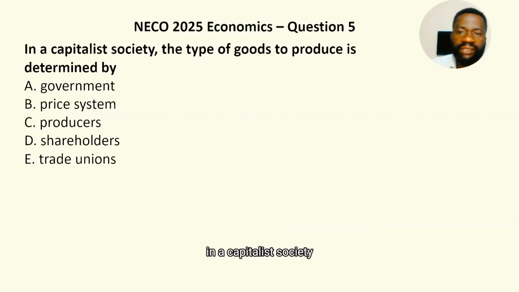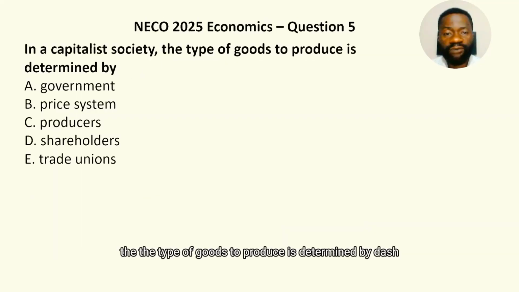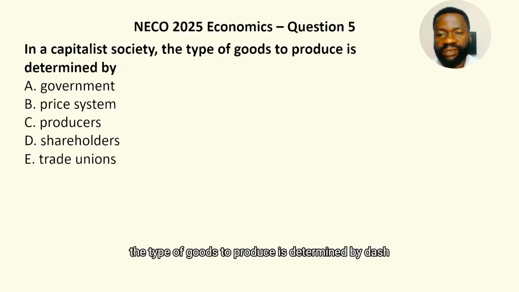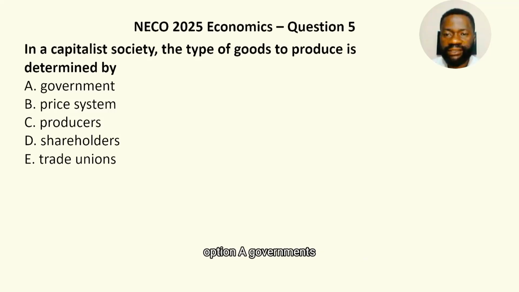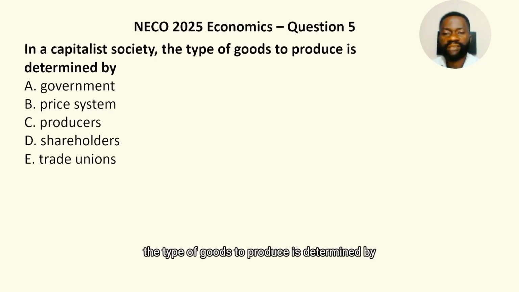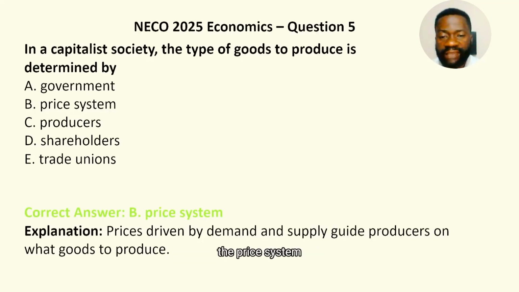In a capitalist society, the type of goods to produce is determined by dash. Option A, government. B, price system. C, producers. D, shareholders. And E, trade unions. The type of goods to produce is determined by the price system.